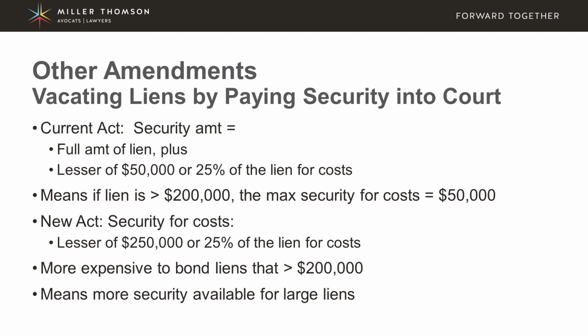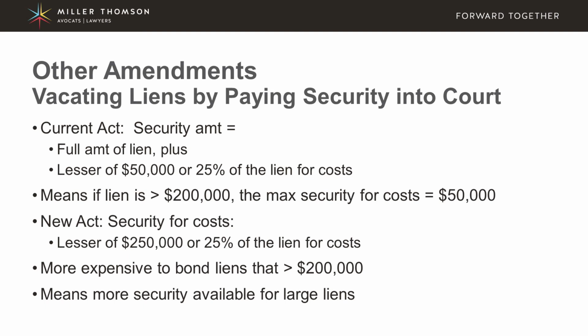Currently, the amount of money required to do that is the full amount of the lien plus the lesser of $50,000 or 25% of the lien value, and that's in respect of costs. So that full amount has to then get paid into court. So that means that if a lien is more than $200,000, the maximum security for costs is $50,000. So if you have a $200,000 lien, to vacate it, you have to pay $250,000 into court.